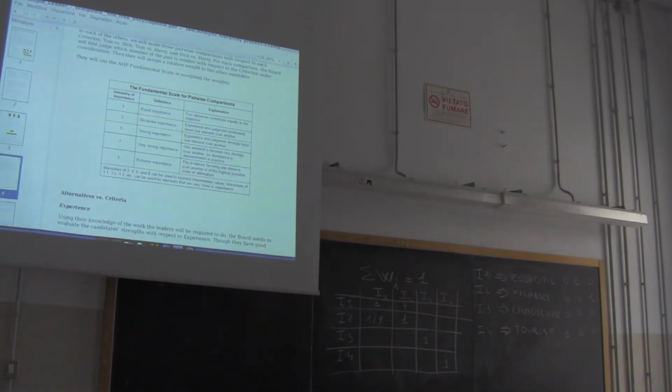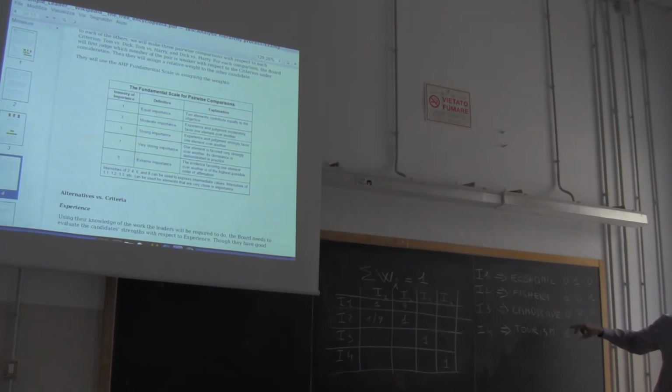Now let's compare, and this is an example, just an example that I'm building now. It's not the same example that is reported in the R code. Okay? But anyway, it's another example. So I gave a lot of importance to economic with respect to fishery. Now let's compare economic with respect to the landscape.